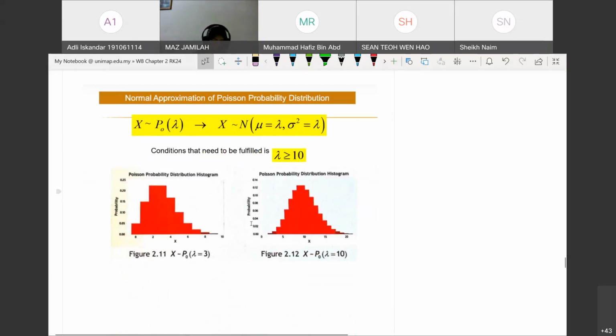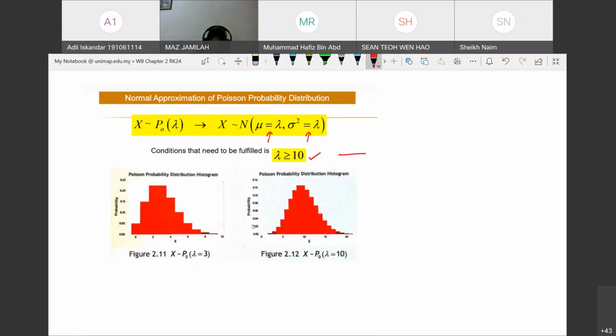If originally X follows Poisson, then if you approximate using normal, your mean is obtained using lambda and your variance is also lambda. The only criterion is that your lambda is big enough. How big? Greater than or equal to 10.